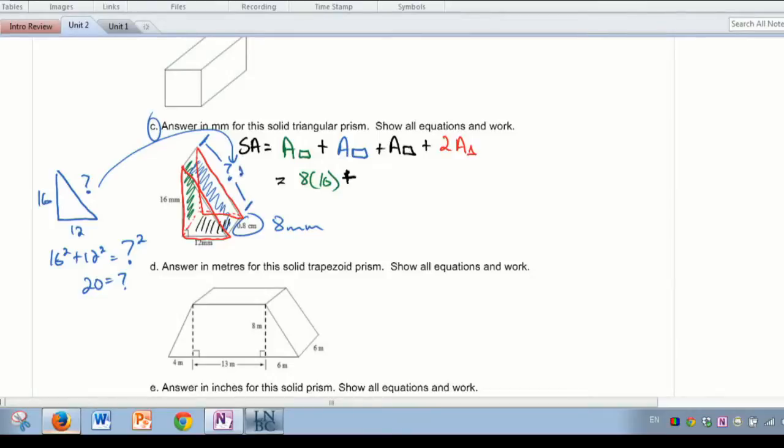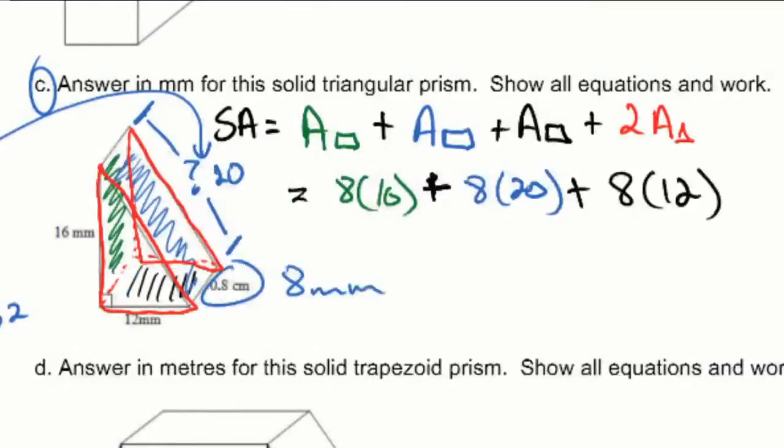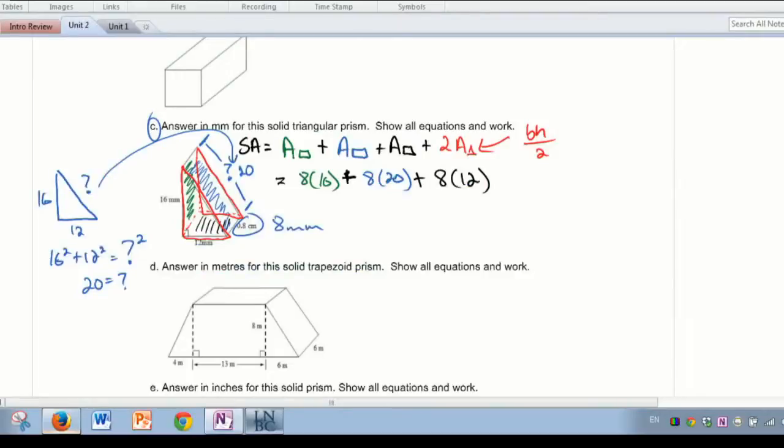That means this side is 20. And that means I'm going 8 millimeters times 20. The black is the bottom, so I'm going to go 8 millimeters times 12. Then my triangle is going to be, of course, base times height divided by 2. In this case, my base is 12, my height is 16, and I'm going to divide that all by 2.